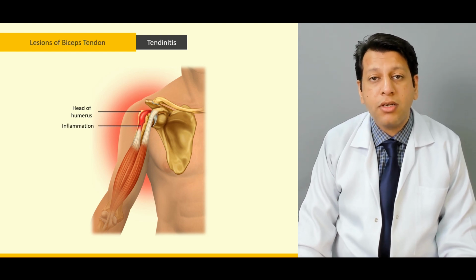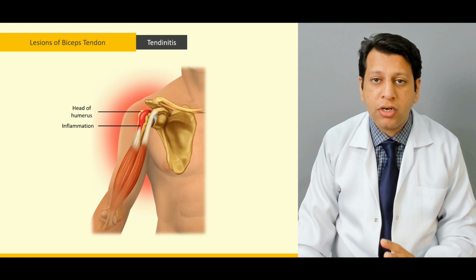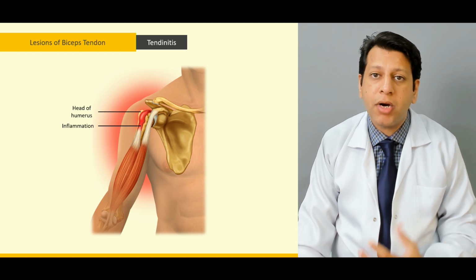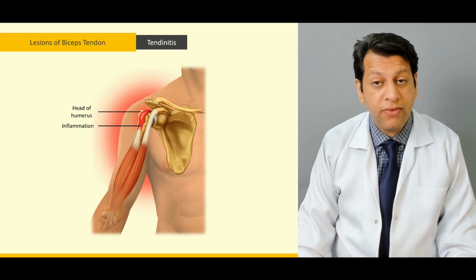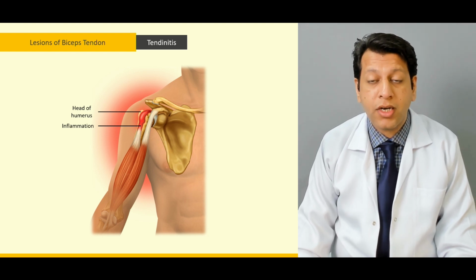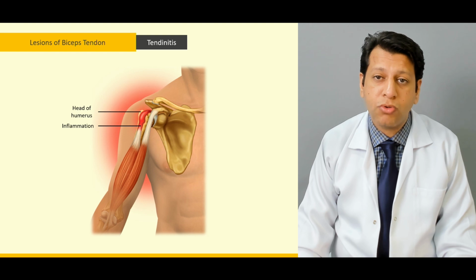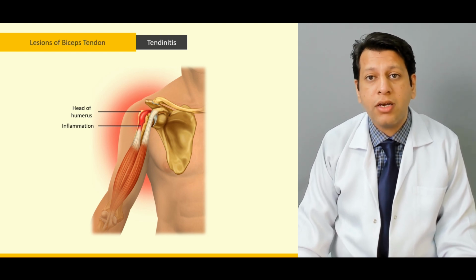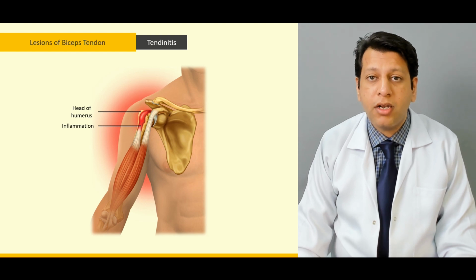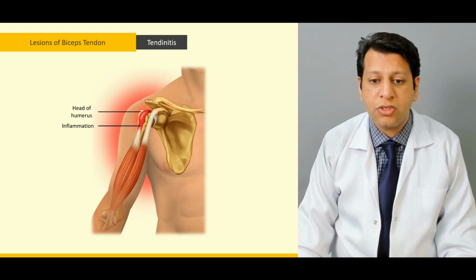The anatomy is important to understand when we are understanding bicipital tendinitis. As you know, a tendon may get inflamed, leading to inflammation of the tendon, or tendinitis, sometimes also called tenodesis, which is abrasion of the tendon, leading to some form of tendinitis as well.